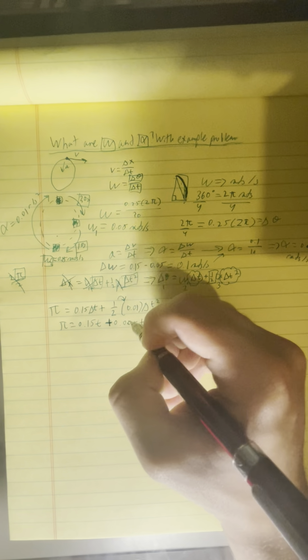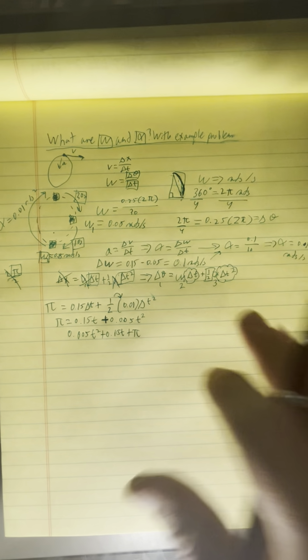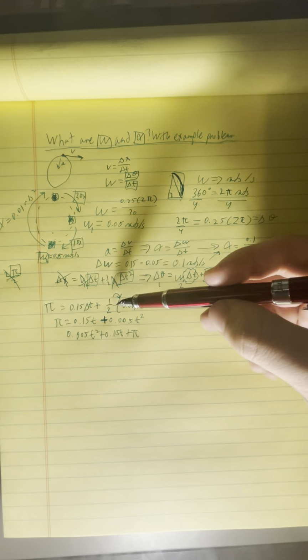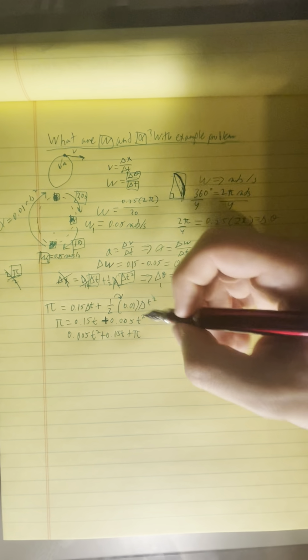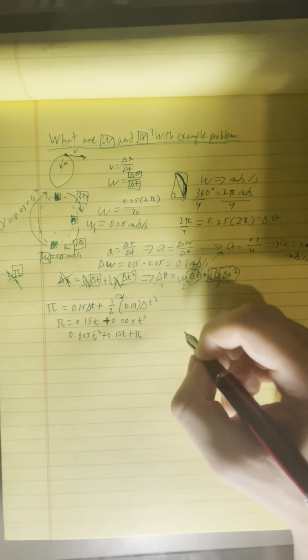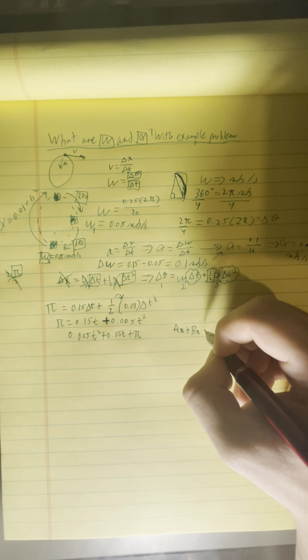Now this right here, we can just reform into a quadratic equation in the form 0.005 t squared plus 0.15 t plus pi. Some may recognize this as quadratic, but some may not, so I'm going to go into it a bit more in depth. A quadratic is just any equation or function in the form ax squared plus bx plus c.